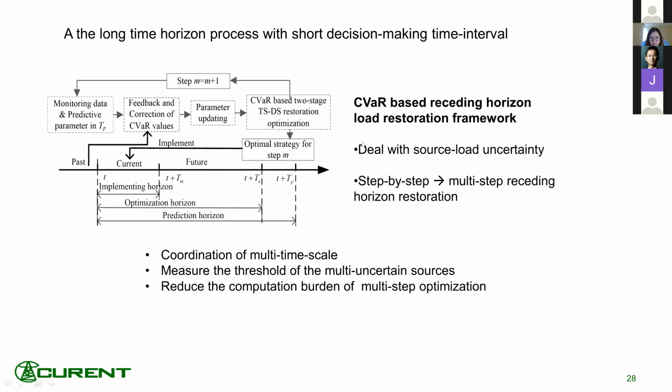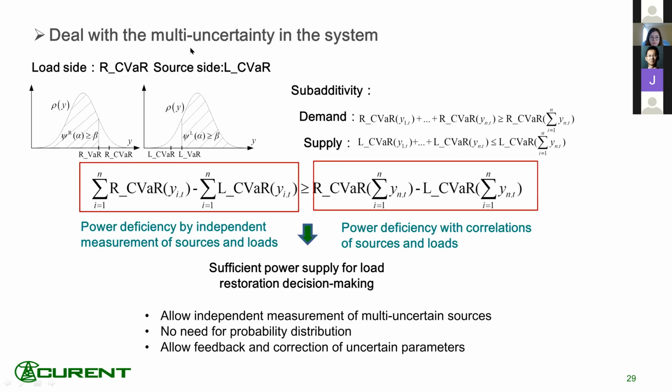And obviously, we have not solved the uncertainty problem, so extra efforts have been made to deal with it. We have used a conditional value at risk method, and its mathematical characteristics can help us give a sufficient power supply consideration for the decision-making process.